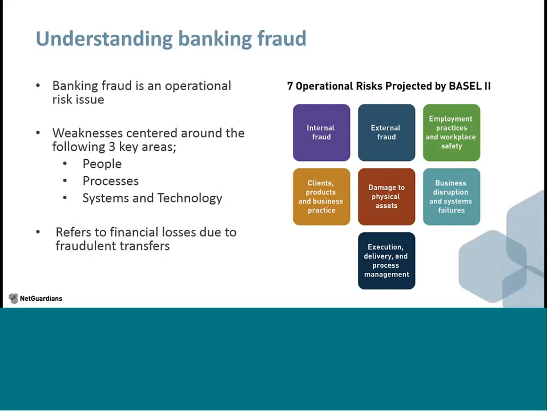And we know basically the explanation for operational risk is where there is weakness around people, process, systems and technology, and external events. And just a quick one is that banking fraud usually refers to financial losses arising due to fraudulent transfer, either initiated internally or externally using the available customer channels.